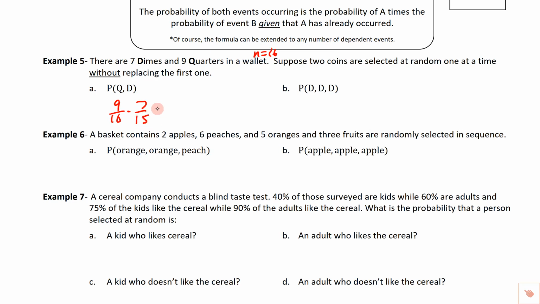So we can do a little bit of cross canceling. That's going to be a 3, that's going to be a 5. Correct me if I'm wrong. 21 over 80. Is that the answer? Okay, so I don't have to do it the other way. Okay. Probability you get a dime and a dime.